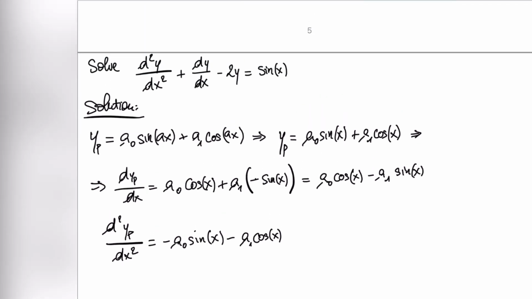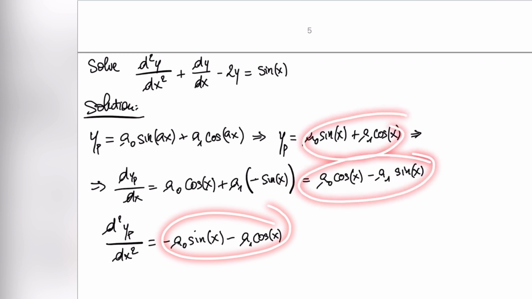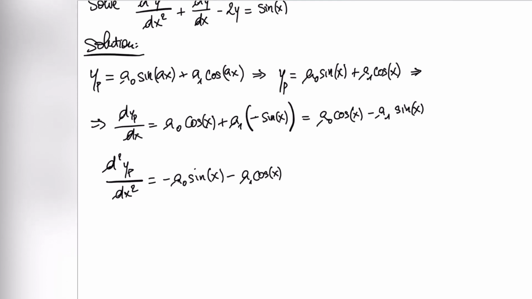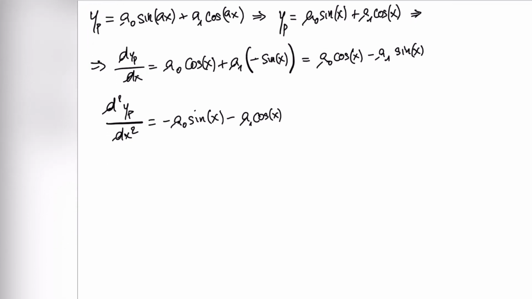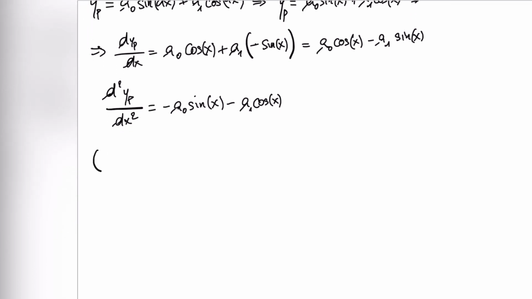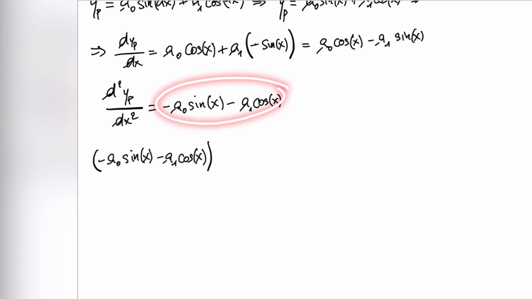Now we're gonna substitute this one, and this one, into the left hand side of this equation. So that would give us minus a0 sine of x minus a1 cosine of x, which is this.